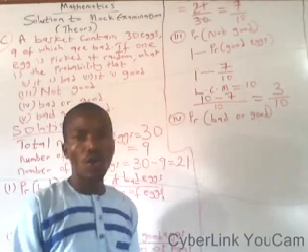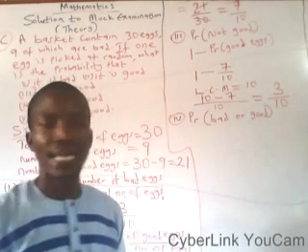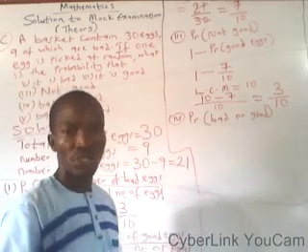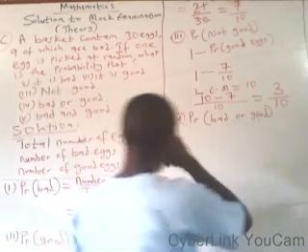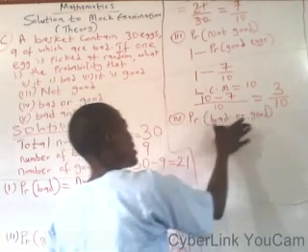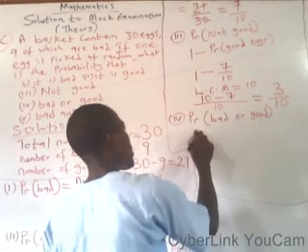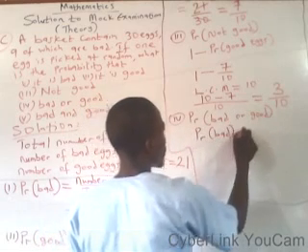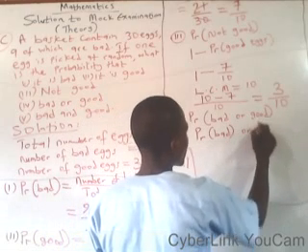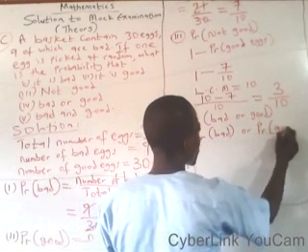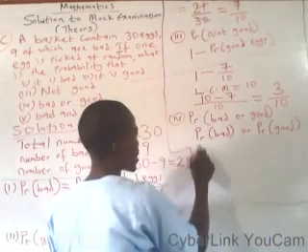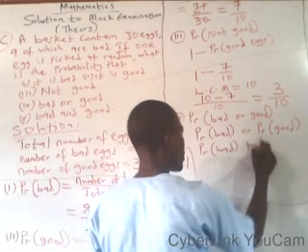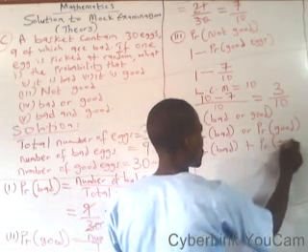And when you see or, it simply means what? Addition. Or in mathematics means addition. Now in that case, the interpretation of this one simply means probability of bad or probability of good, which is the same thing as probability of bad plus probability of good.